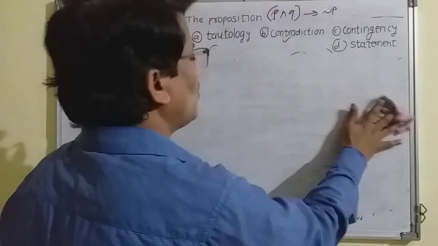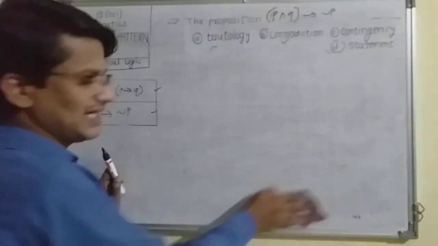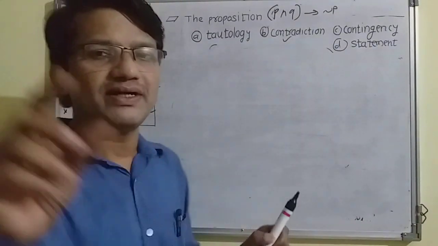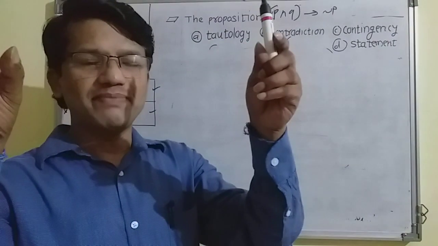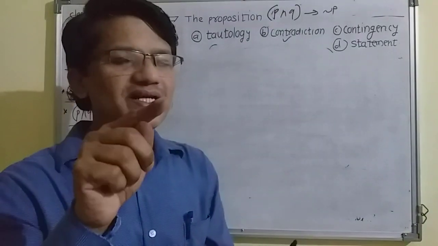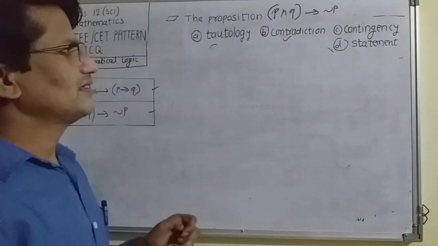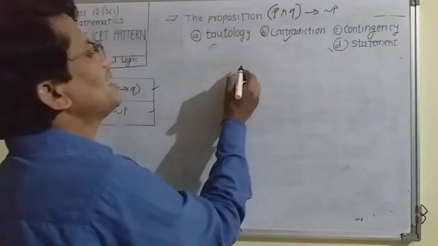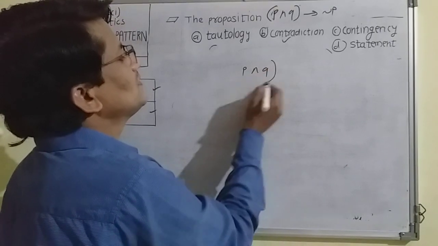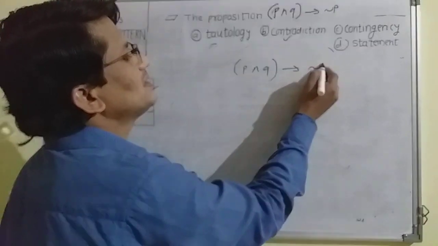I am taking only one type of example, related to whether the given statement pattern is a tautology, contradiction or contingency. We are completing this part only, so we are going to discuss this example: P and Q implies negation P.